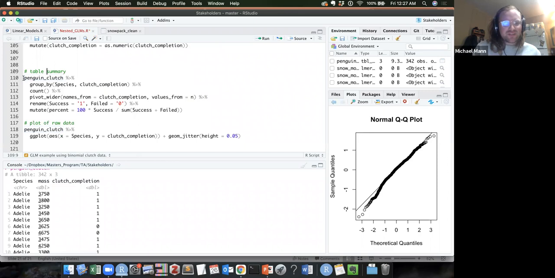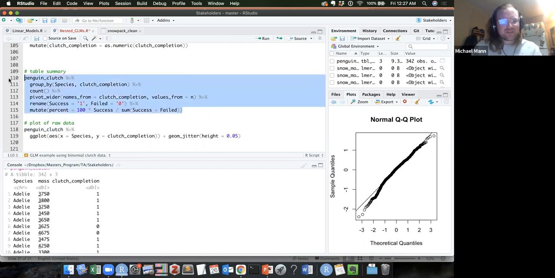As I usually say, I'm going to try to plot the data to get an idea of what the data looks like. In this case, we just have successes and failures. So let's look at how the different species compare. Actually, I'm going to try to do some live code and change this other plot.